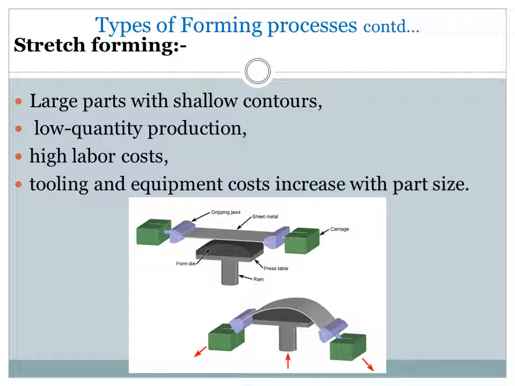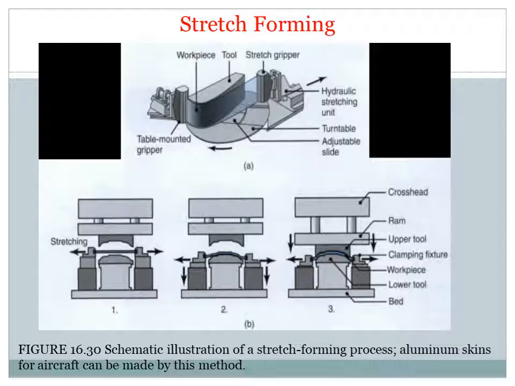As the component is stretched and the ram is moving from the bottom, the required shape is formed on the die, and as it moves up the shape is transferred onto the sheet metal in the stretched condition, and this kind of forming is called stretch forming. A detailed figure is given in the slide. Here the sheet metal is connected onto two grippers.